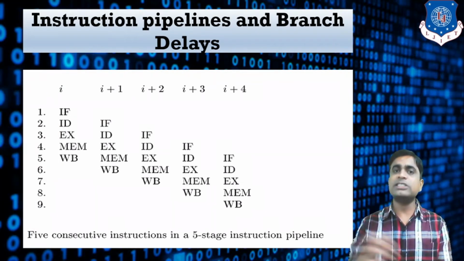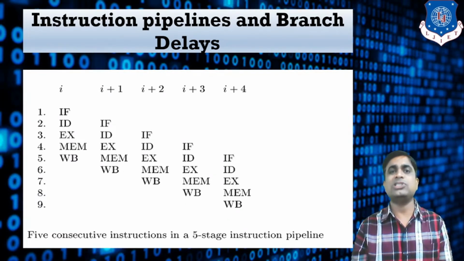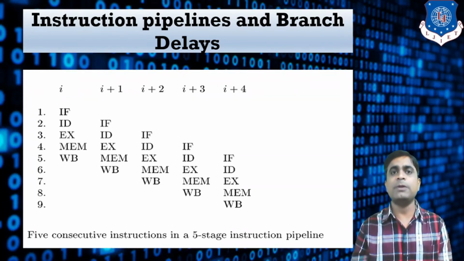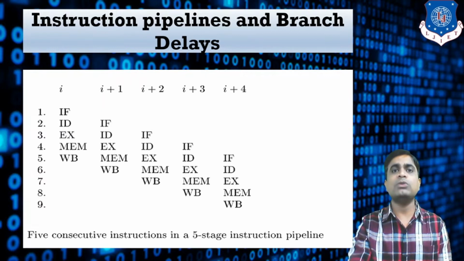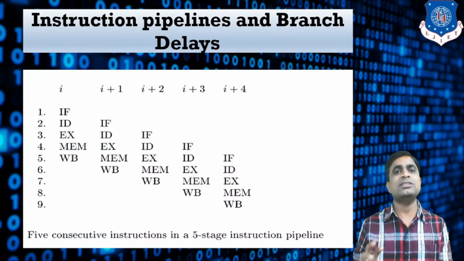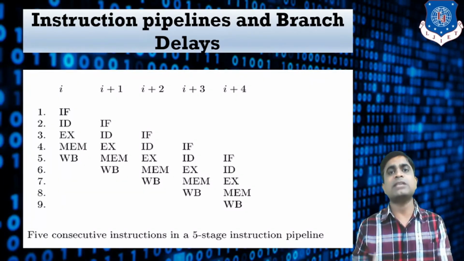After the first instruction is fetched, we move on to the next instruction. If you are talking about a single instruction, it takes five steps: fetch, decode, execute, memory access, and write.